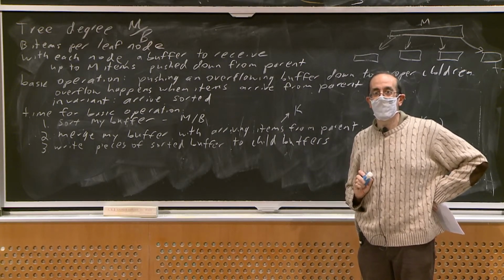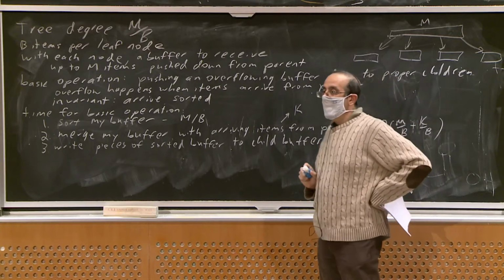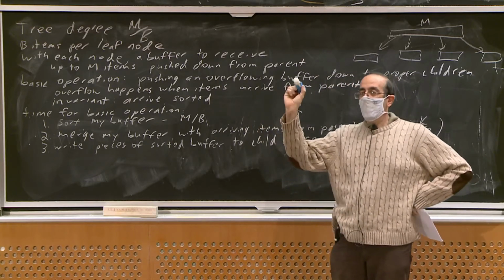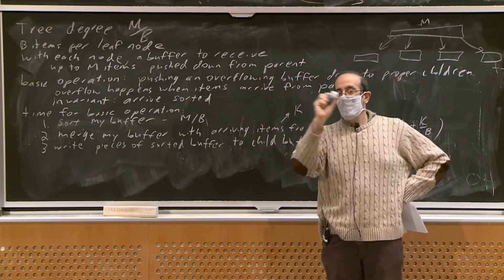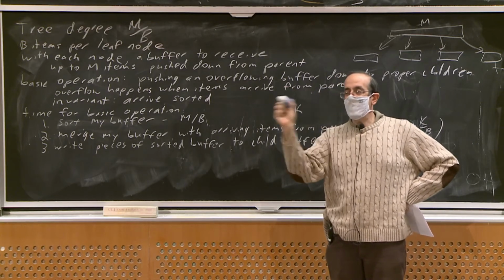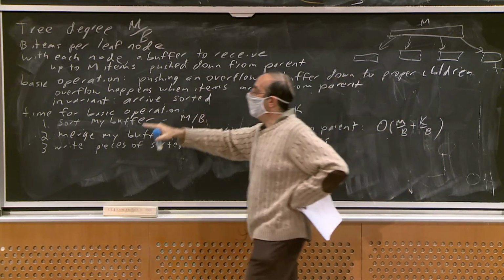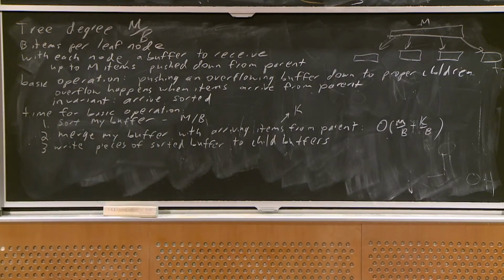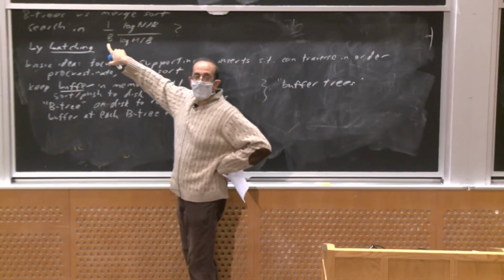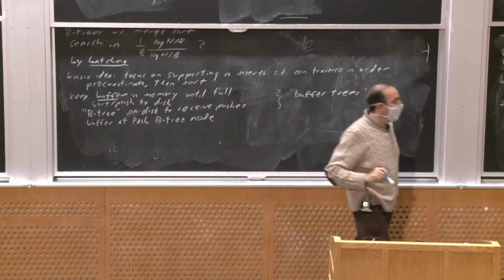Right? And so if I was sending one item to each child, that would be too expensive if I really want to be amortizing the cost of all of my writes to 1 over b.